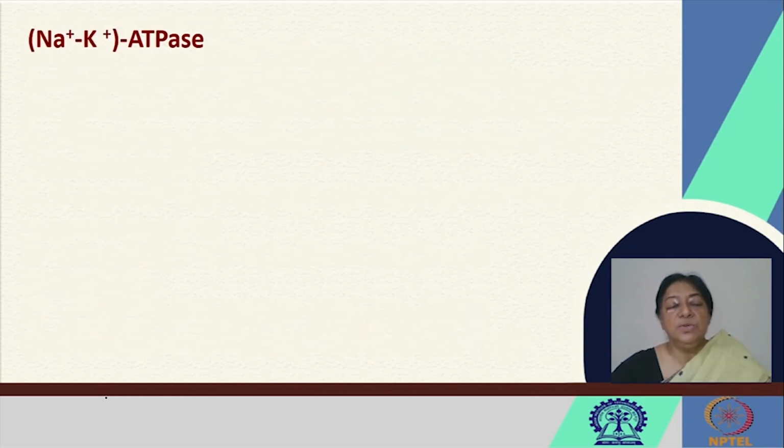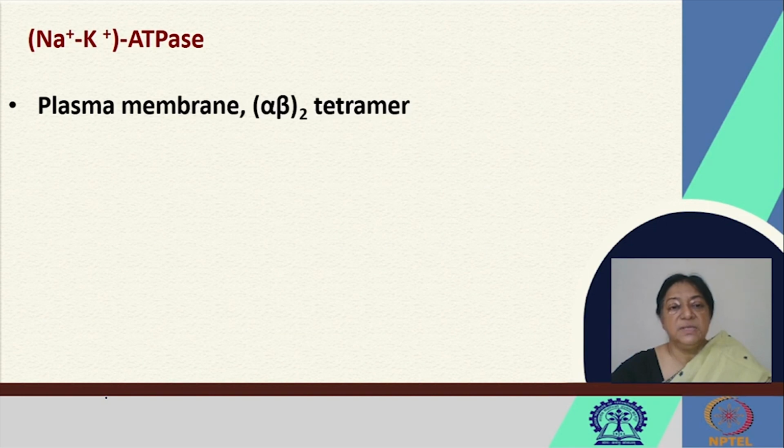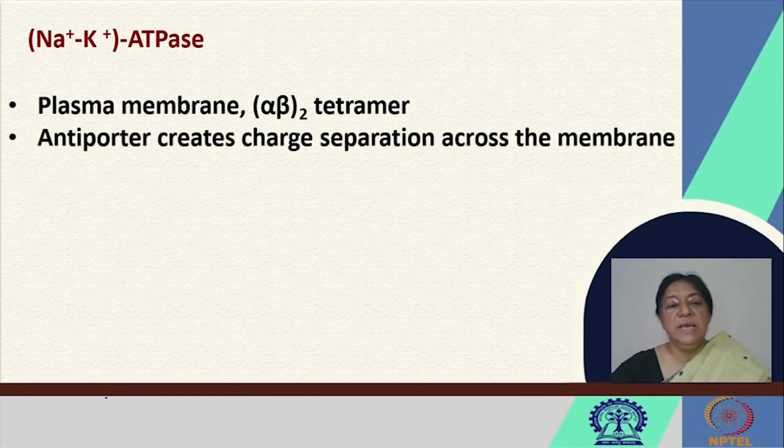If we look at the sodium potassium ATPase, associated with the plasma membrane, it is an alpha beta dimer forming a tetrameric protein. It is an antiporter, meaning that the transfer is in one direction for one of the ions, and in the opposite direction for the other ions, and this creates a charge separation across the membrane.